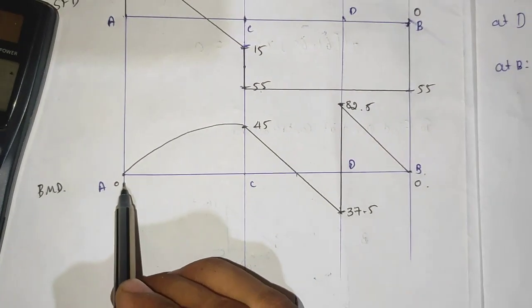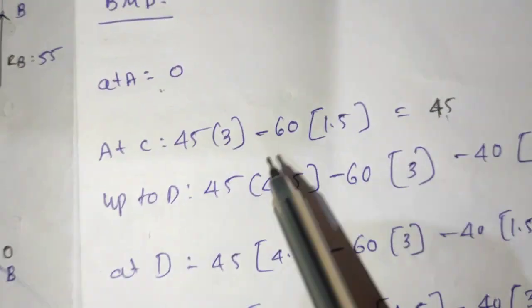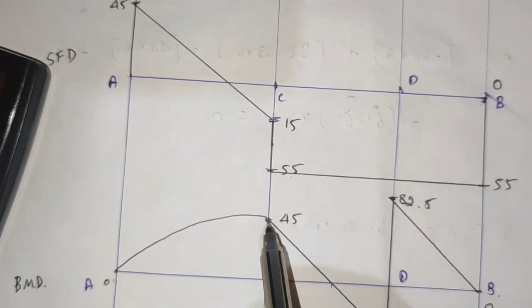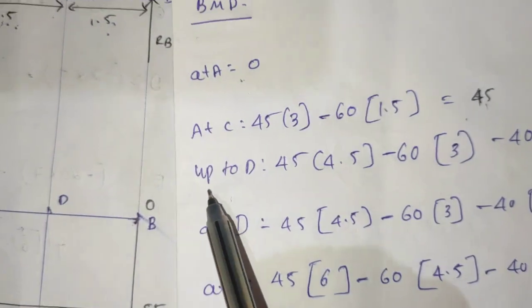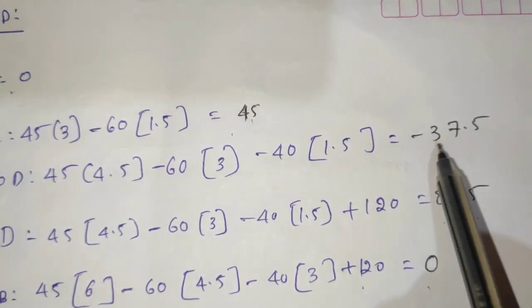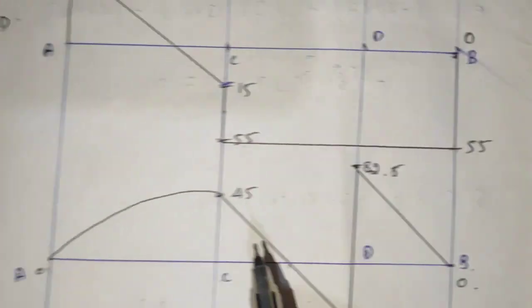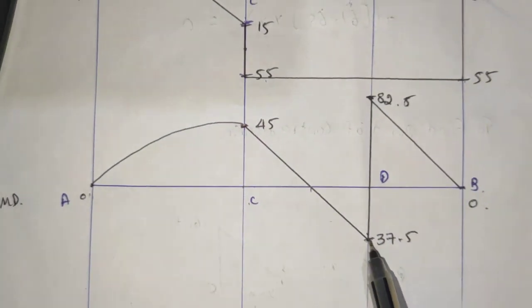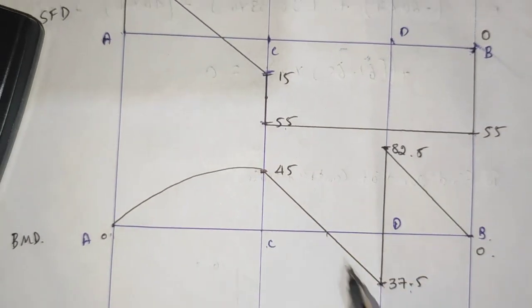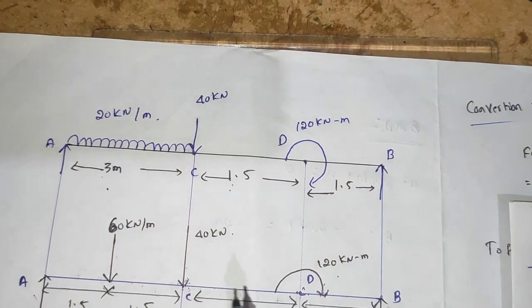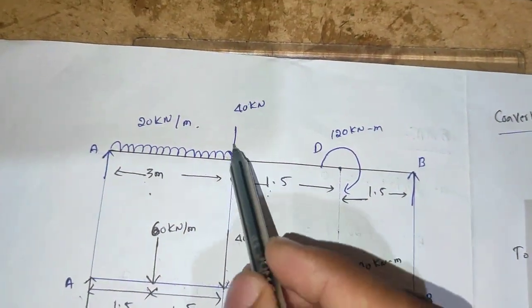At A the value is 0. At C this is 45. At C, 45 plus 45, and up to D we get minus 37.5. Here to here it is minus 37.5, because this is a linear line, because there is no force, there is only a point load.